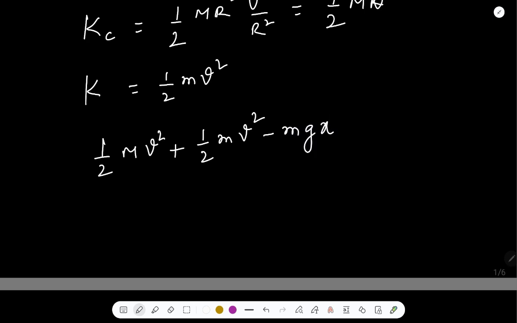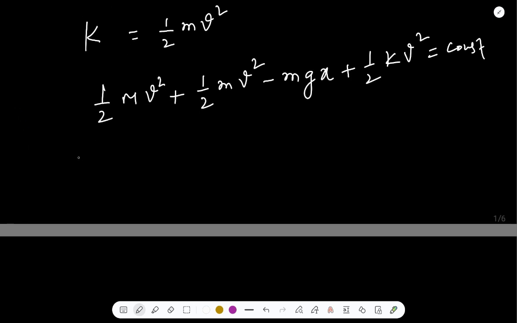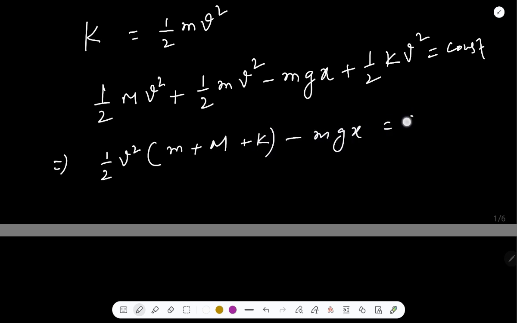And the magnetic energy of the magnetic field inside the cylinder, that is half k v square, and it's a constant. The relation is very good. I can write it in one more step because it looks beautiful. If we simply take half v square as common, then it's going to be small m plus capital M plus k, minus m g x, and this is a constant.